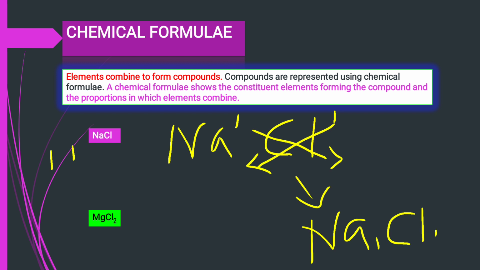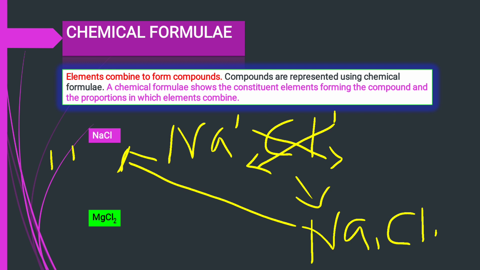Note that we begin with the atom that is losing the electrons, followed by the one that is gaining the electrons. For that case, sodium being the one that loses one electron is the first one, followed by chlorine. We can simplify these ones so that we are left with the simplest form as this one, sodium chloride.